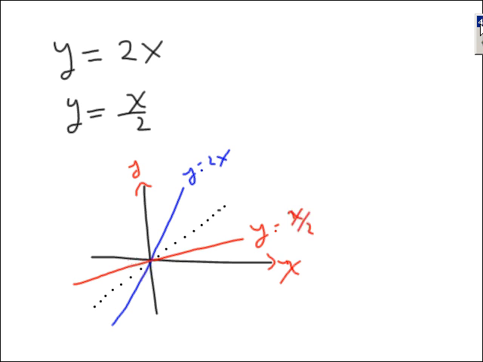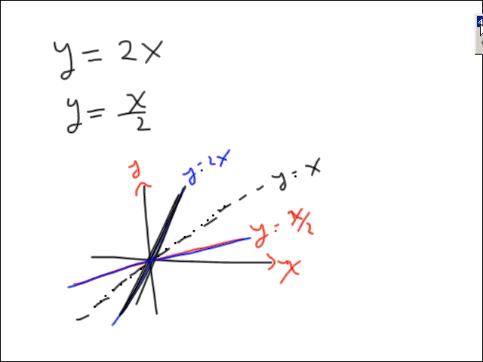The two lines are mirror images across the line y equals x. Here is the line y equals x. If you drew the blue line on a piece of paper in heavy ink, very heavy ink, and you folded it along the line y equals x, that ink would give you y equals x over 2, the inverse.